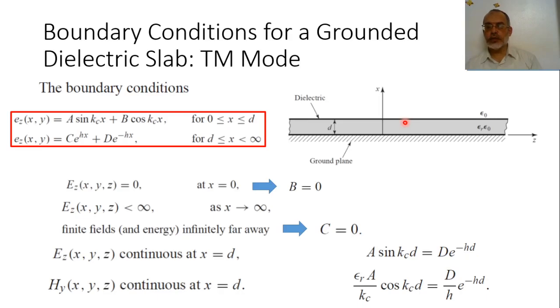So Ez at x equal d from this relation should equal Ez at x equal d from this relation. And already we have proved that B and C are 0. So A multiplied by sine kcd should equal D multiplied by e to the power minus hd. A sine kcd equals D multiplied by e to the power minus hd. So we have now a relation between A and D.